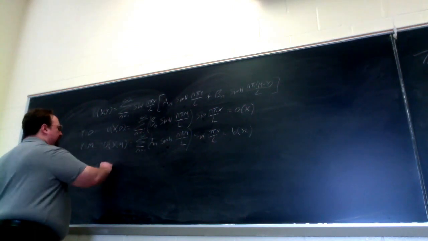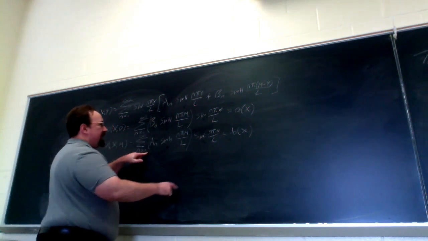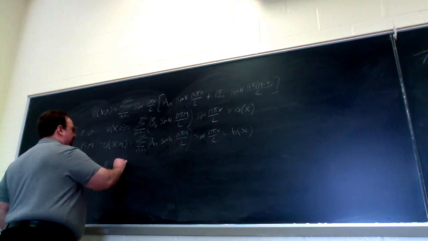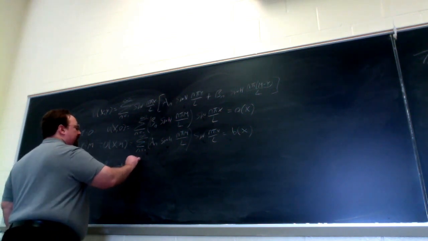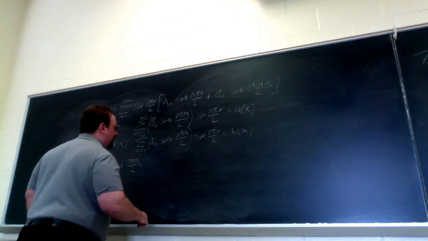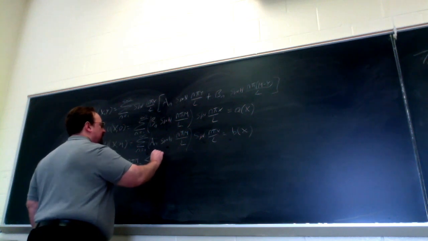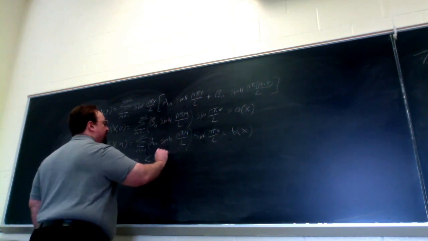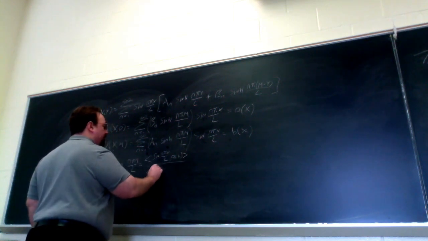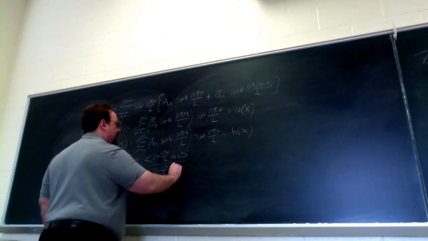So for the first one, B_n, and in retrospect, considering I have B_n and A and B, I probably should have switched these letters, but too late now. So I could say this is equal to the inner product of sine n pi x over L with A of x, over the inner product of sine n pi x over L with itself.